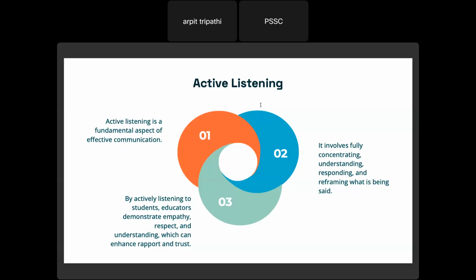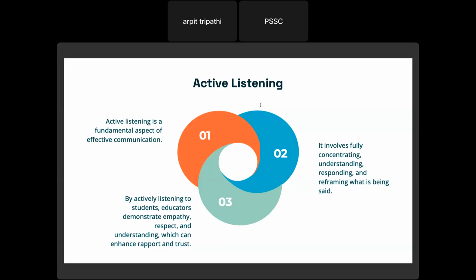This is particularly important in diverse classrooms where students may have varying levels of language proficiency or learning needs.